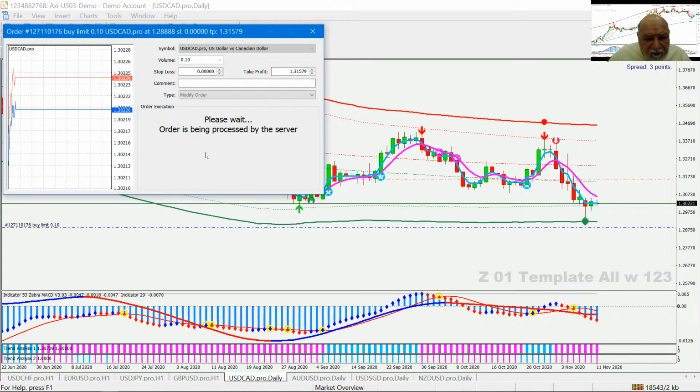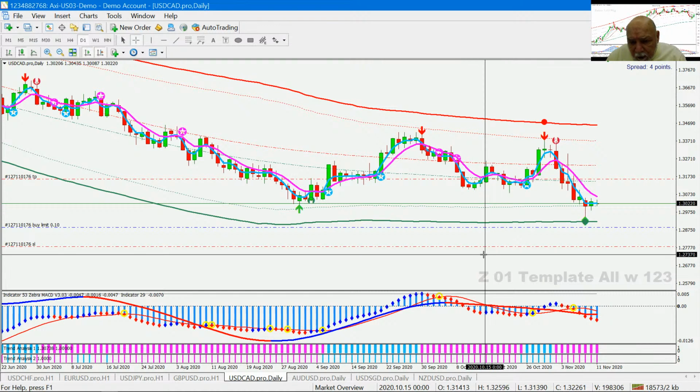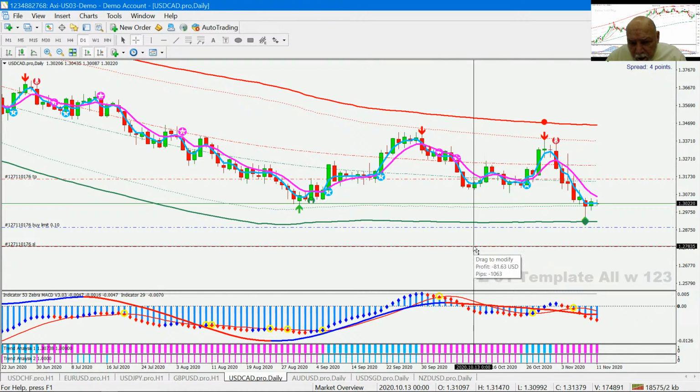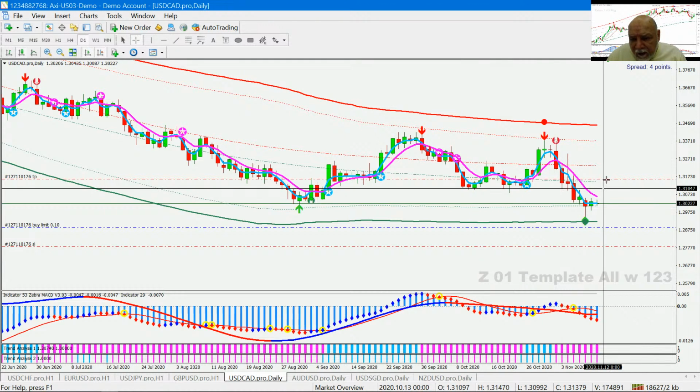Let's see, modify. All right, so let's take a look here. So that's a 106 pip stop loss, which means that I would lose $81.63 on this trade.